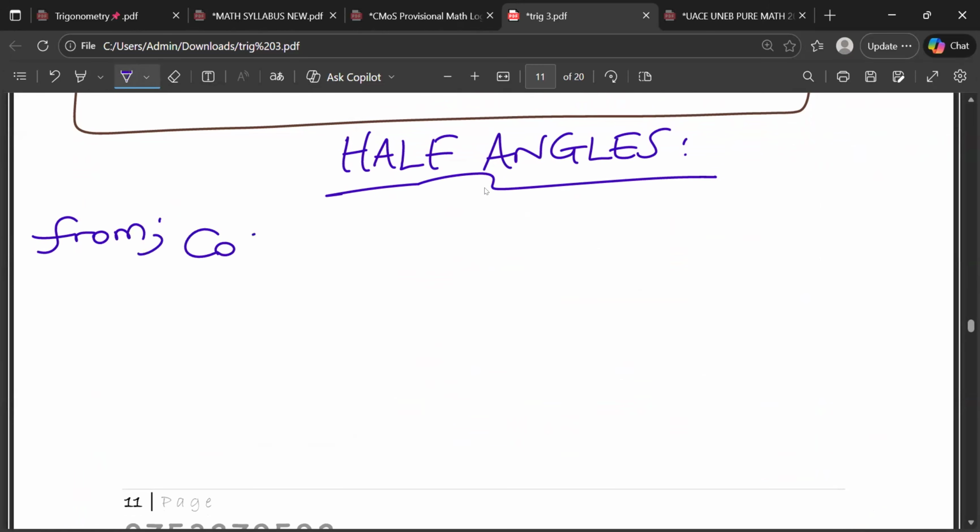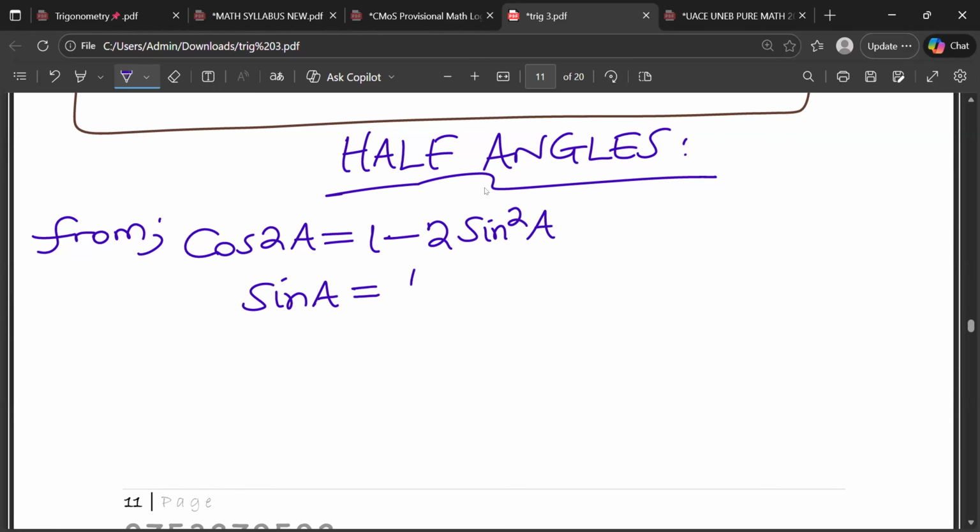From cos 2A equals 1 minus 2 sine squared A. Let me try to be detailed.